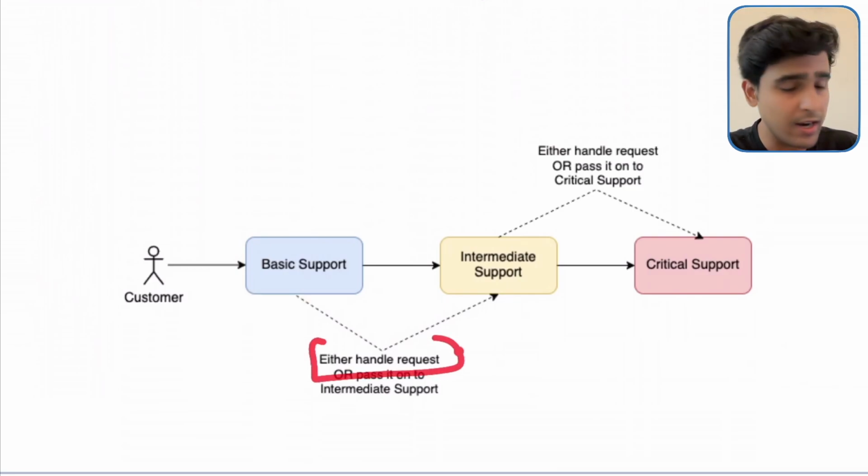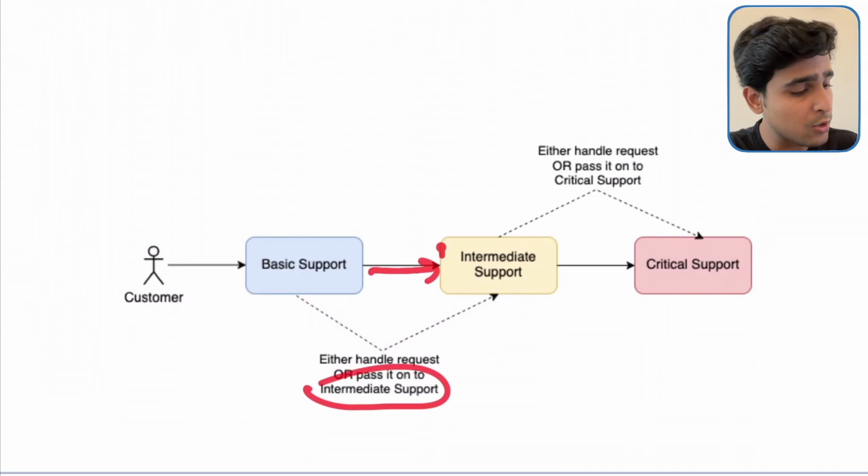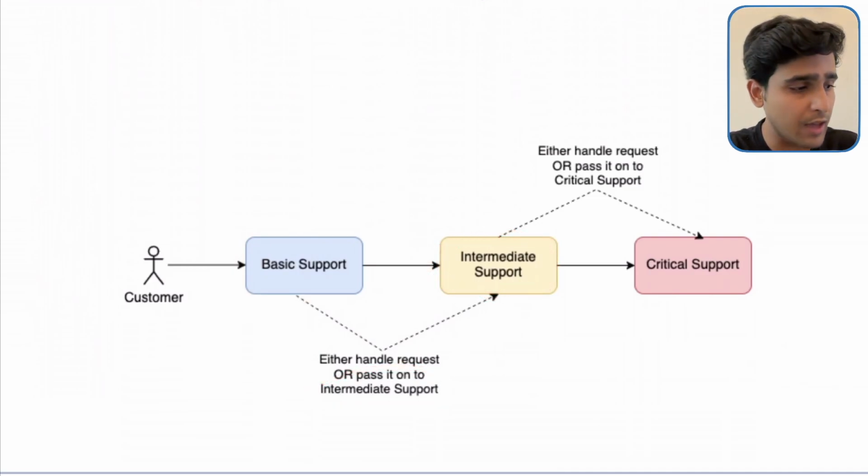So it either handles the request based on some logic or it passes it on to the intermediate support service. Similarly, intermediate support service either handles the request or passes it on to the critical support, and finally critical support service will handle that request.